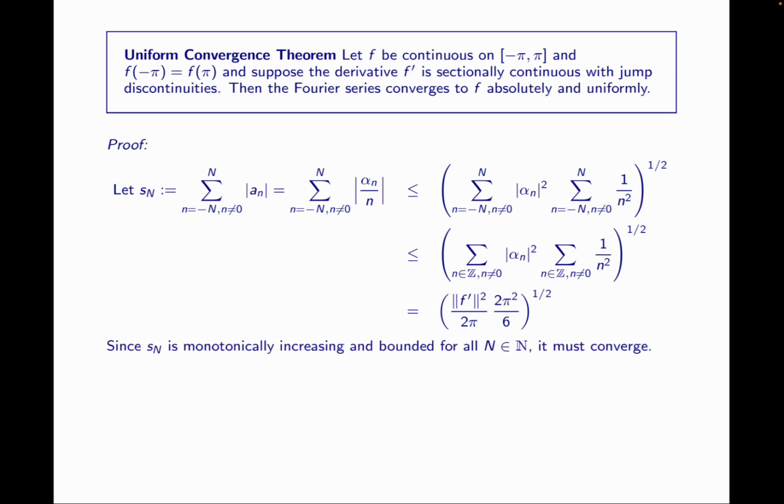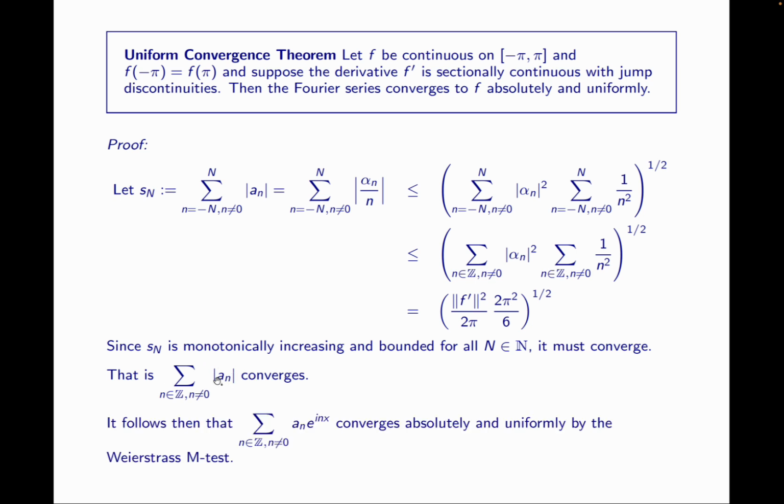But this indicates that Sn is a monotonically increasing sequence because I'm just adding positive terms, and it's bounded for all n. Therefore, it must converge. This converges as capital N goes to infinity, which is to say that this series converges.